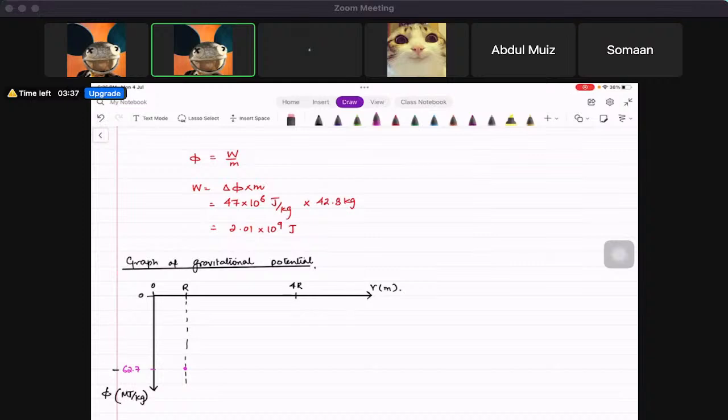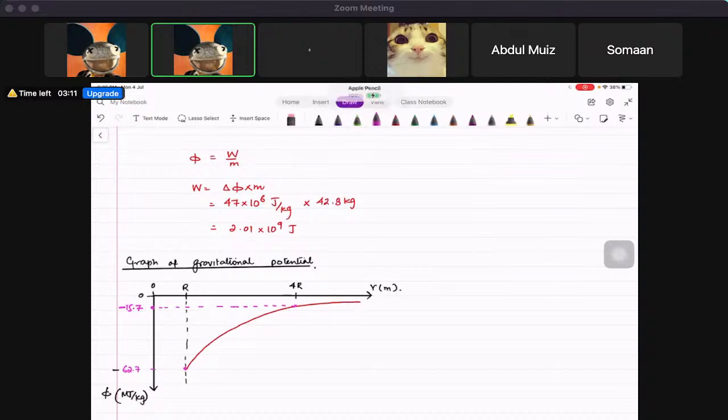So the graph would actually go like this. It will approach 0 because at infinity it is like that. And at 4R, going straight up, the potential is minus 15.7. Do you guys understand how the graph looks now?